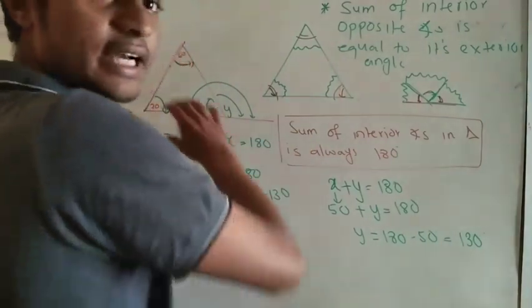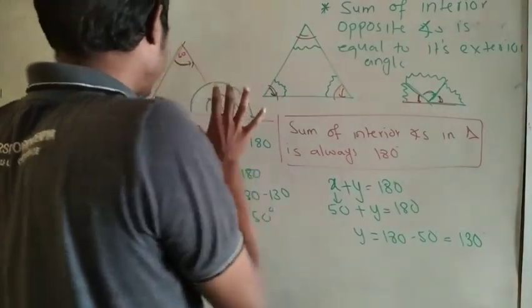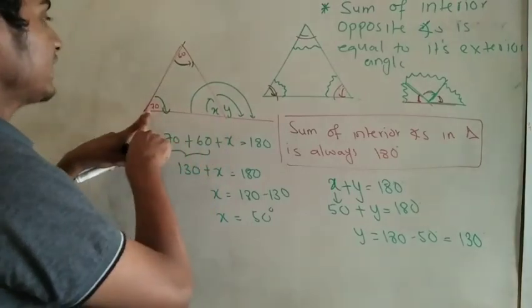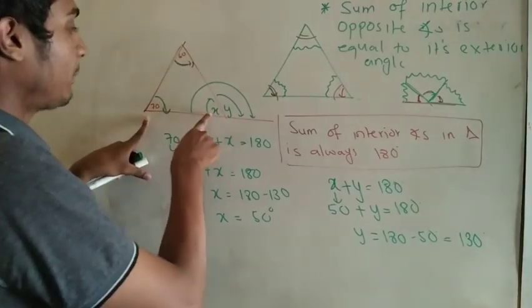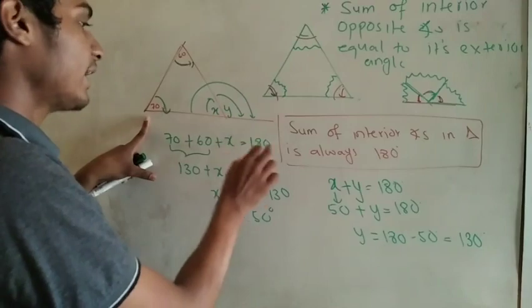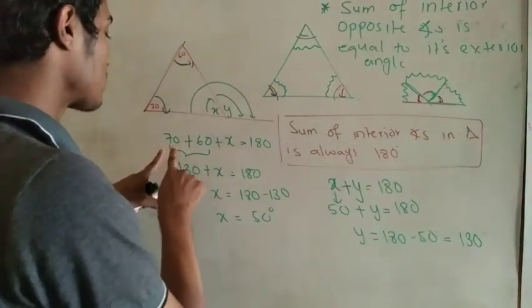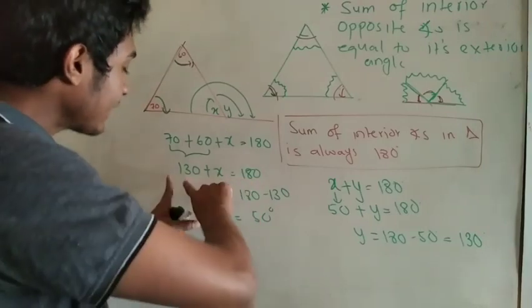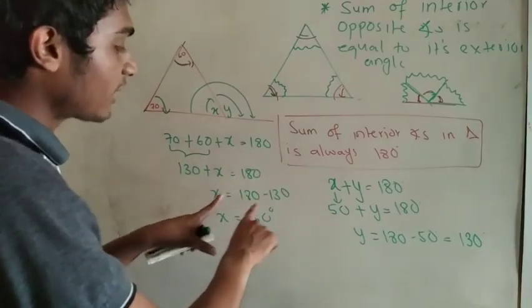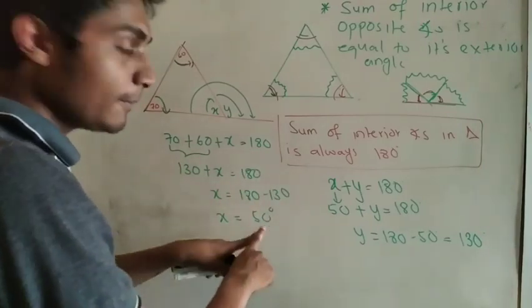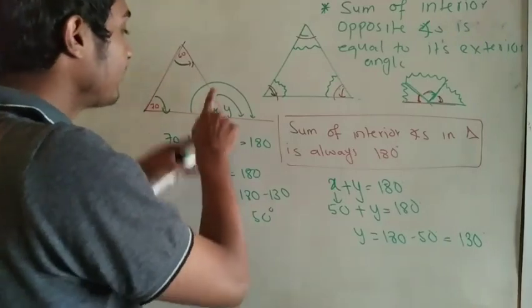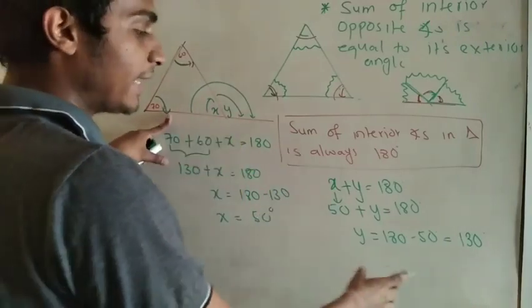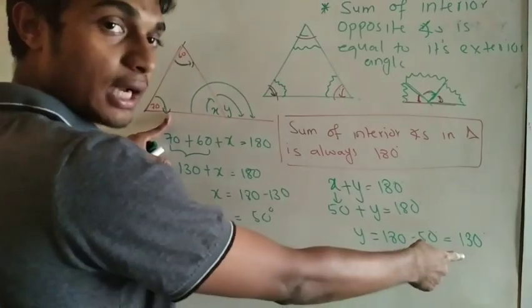If you consider another triangle like this, you see that 70 plus 60 plus x should make 180, because this is a theorem. So 70 plus 60 is 130, and 130 plus x should be 180. Take the 130 to the other side, so x is 180 minus 130, which is 50. If x is 50, according to the straight line, y should be 130.